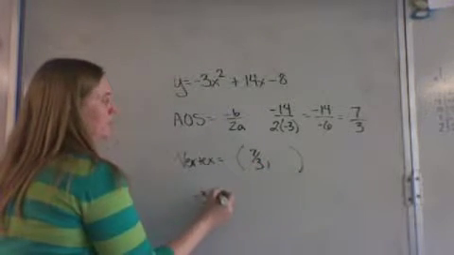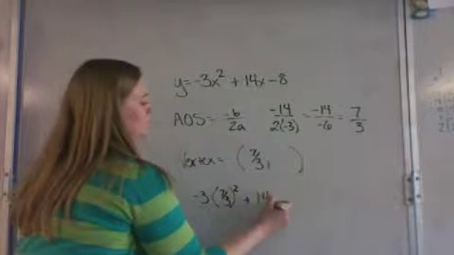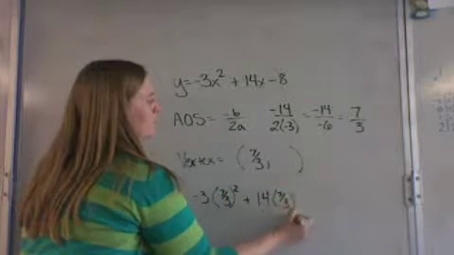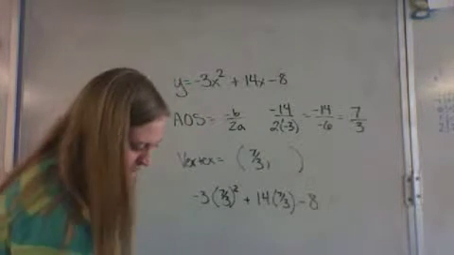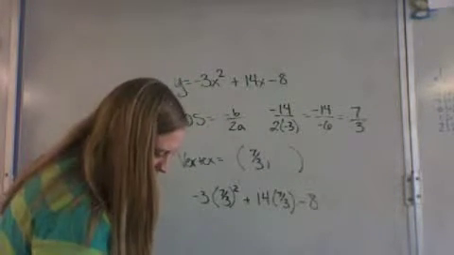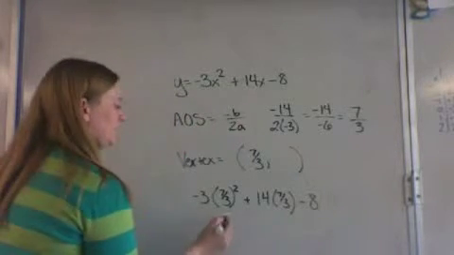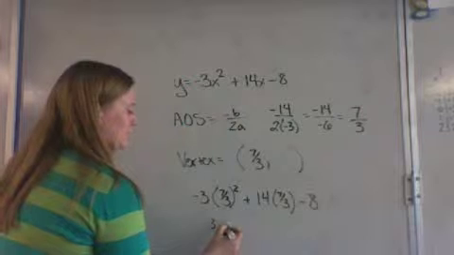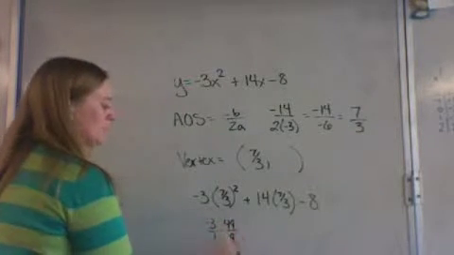So negative 3 times 7/3 squared plus 14 times 7/3 minus 8. Okay, so when you do this, it's going to be negative 3 times 49 ninths, and I'm going to cross cancel here.